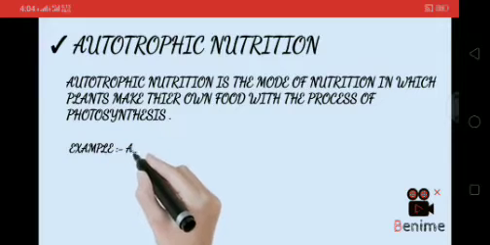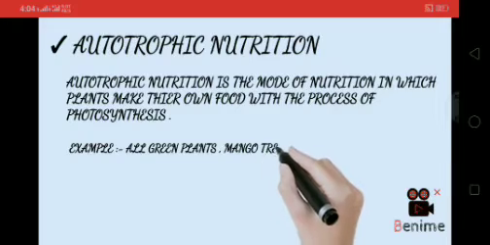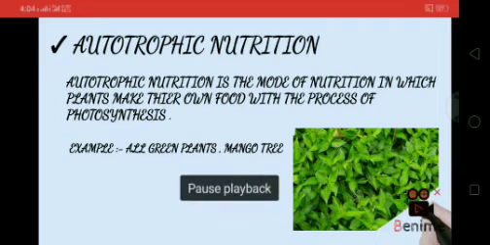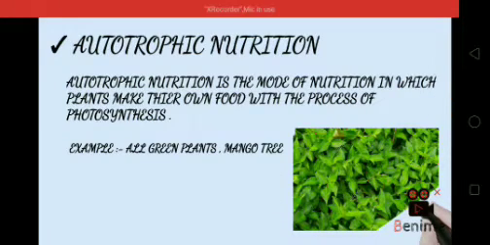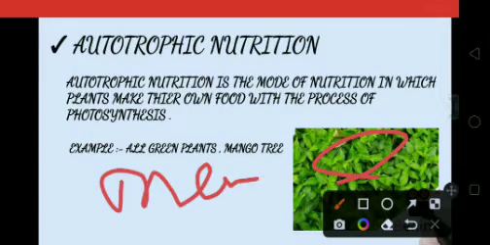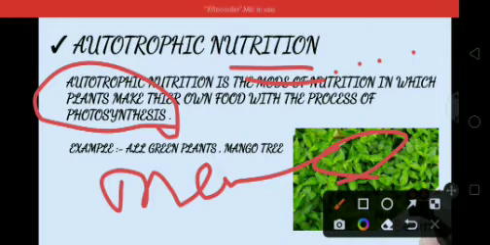All the green plants present in the whole world make their food by themselves, and over here the process of photosynthesis is going on. So the plants which do photosynthesis are said to take autotrophic nutrition. This is really very easy. The plants which do photosynthesis always have the autotrophic mode of nutrition.